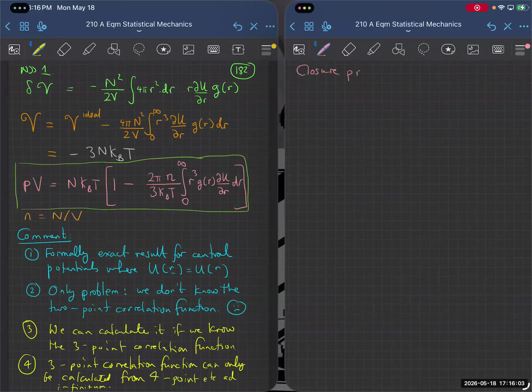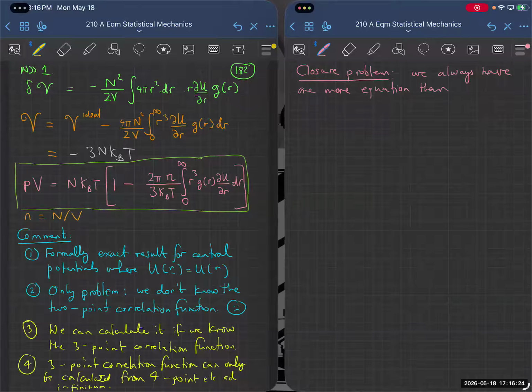And that closure problem can be roughly stated as follows. We always have one more equation. Then we need, so we can't calculate anything.